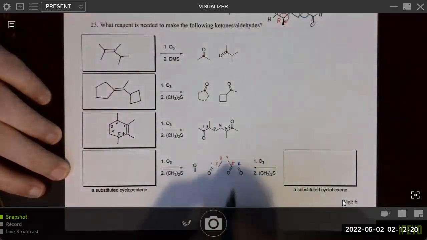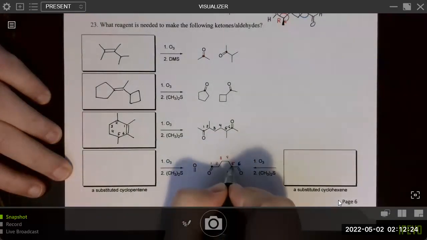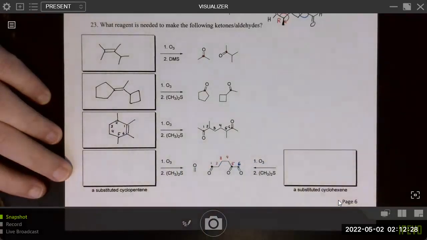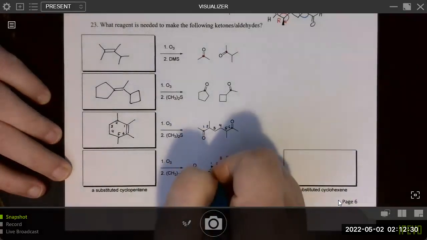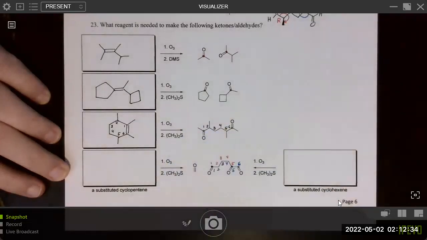So I should connect either this one and this one for a 5-membered ring, or 1 and 6 for a 6-membered ring.